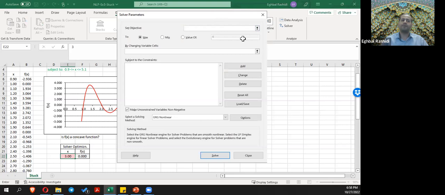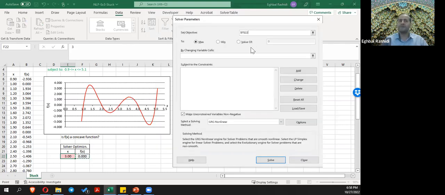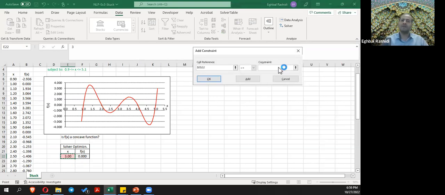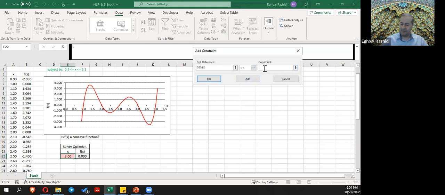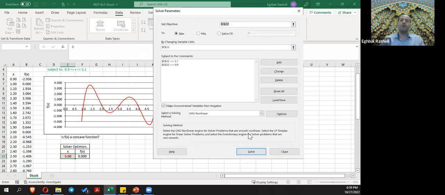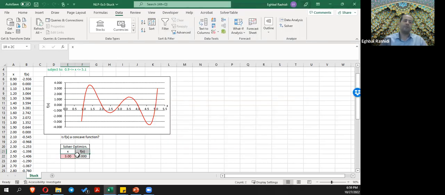We are optimizing this f of x, maximizing actually. Our decision variable is going to be this one, and we have only one constraint, actually two: x has to be less than 5.1, and also x has to be greater than 0.9. I've added those. I could have named this a little bit better.